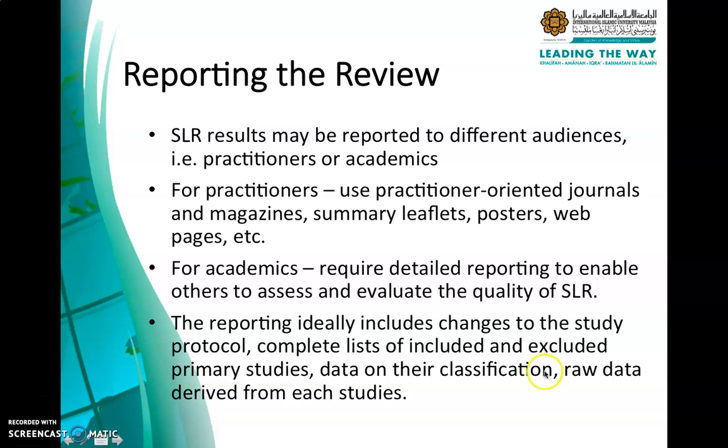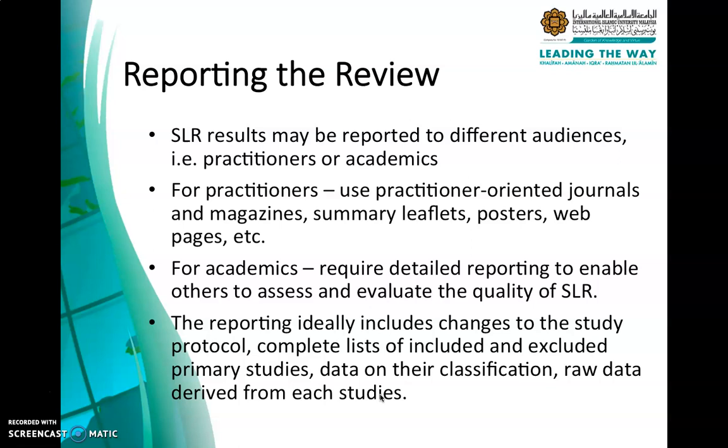So the reporting ideally will include changes to the study protocol, a complete list of included and excluded primary studies, data on classification if we perform the mapping study, and the raw data derived from each study. So basically, it also depends on the venue where we send. If, let's say, we send to journals, normally it requires a lot more detail.